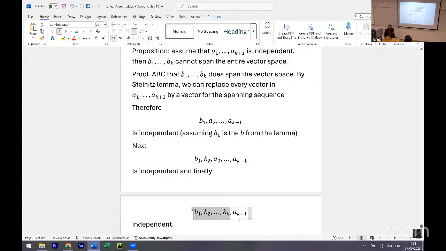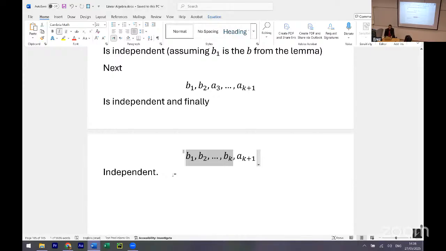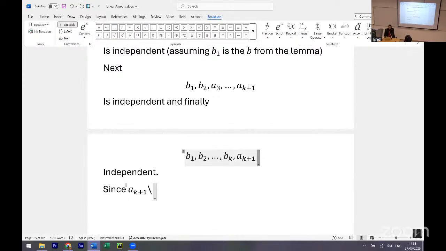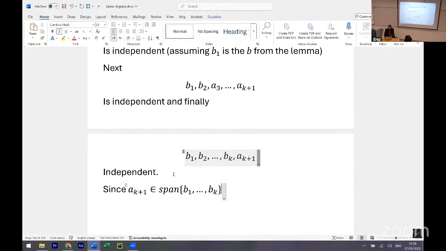So specifically, it spans A(k+1). It couldn't be independent. Since A(k+1) is contained within the span of B1 to BK, we get a contradiction.